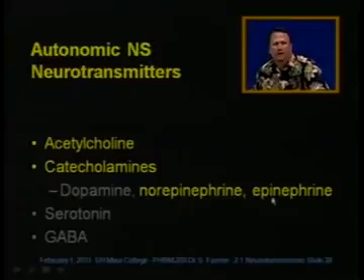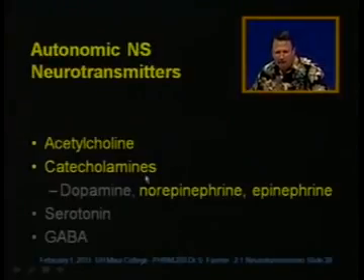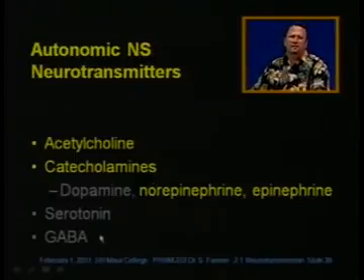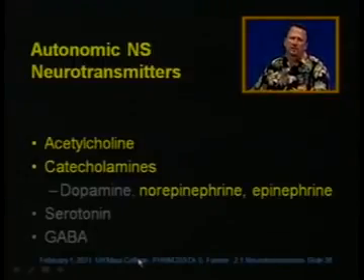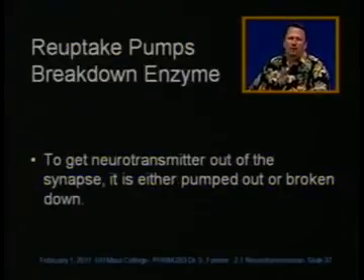And please do not be fooled. Acetylcholine is not a catecholamine. Dopamine, norepinephrine, and epinephrine are catecholamines. We'll talk about serotonin and gamma-aminobutyric acid when we talk about central nervous system pharmacology for exam 3, and that's a few weeks away.